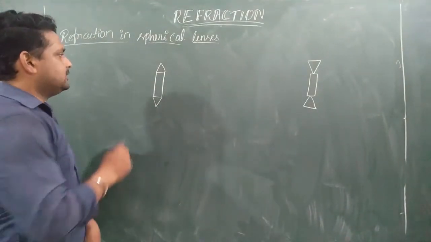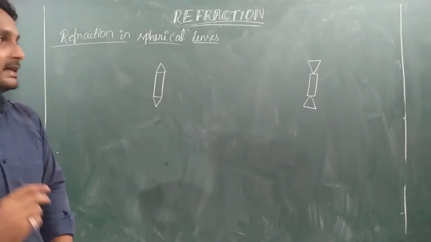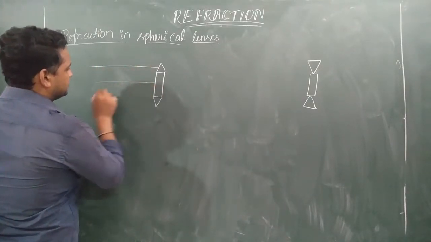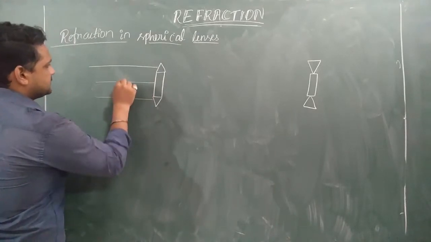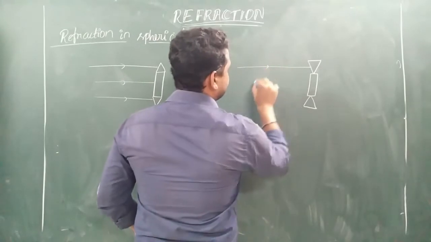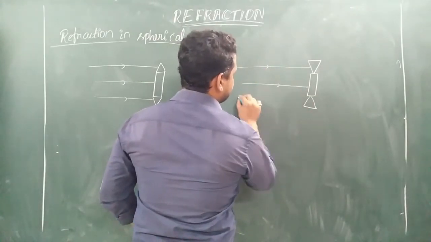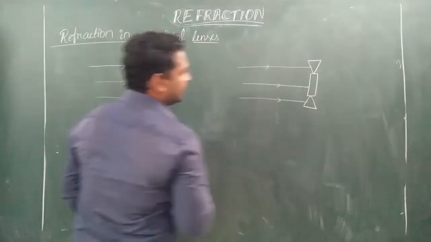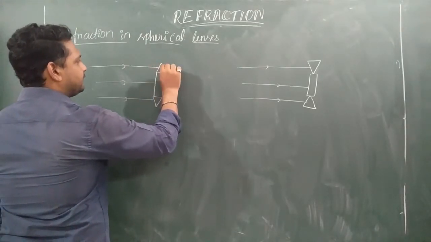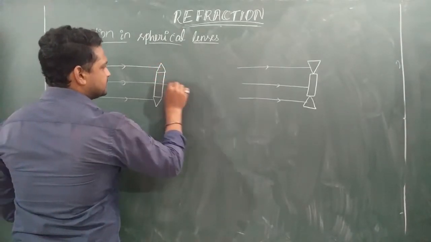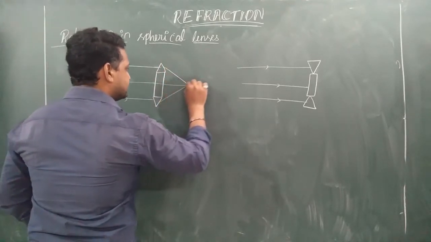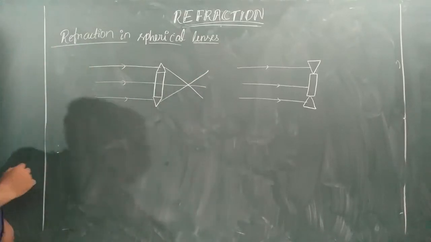So what they observed was, when a parallel beam of light fell on these surfaces, in this case, after refraction, all the rays converge to one point.